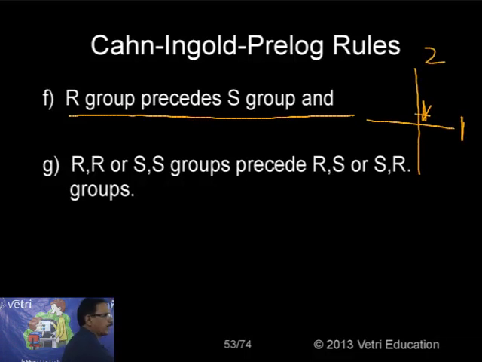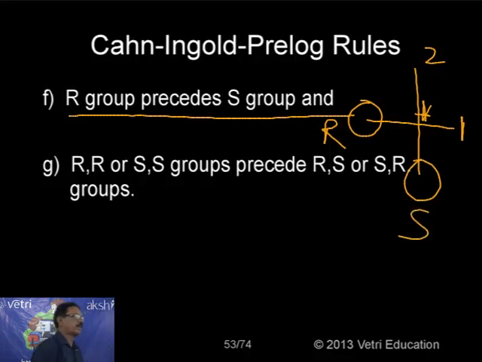One is an optically active center R, and the same group here is S. Now the question arises: should the third priority be given to R or S? The rule says R takes priority. So I will give 3 for R, 4 for S. That means R group precedes S group. This is the most important.